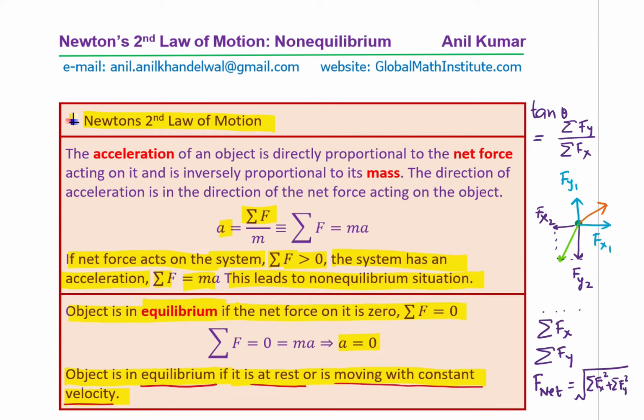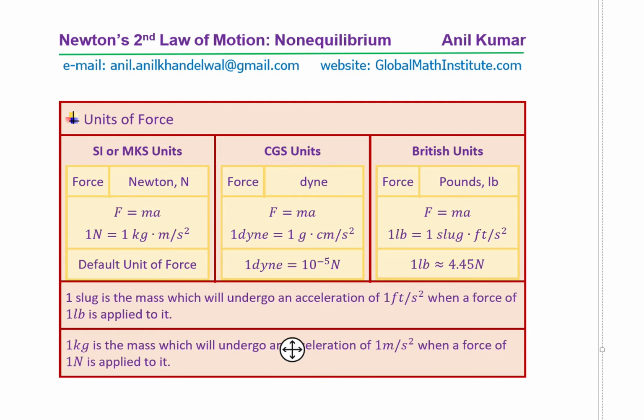Now let's also look into the units of force, right? So many times you have different units of forces which we need to connect. So globally, we have three standard units: SI or MKS units, CGS units, and the British units, correct? So when we talk about the SI or the MKS units, the force is represented in newtons.